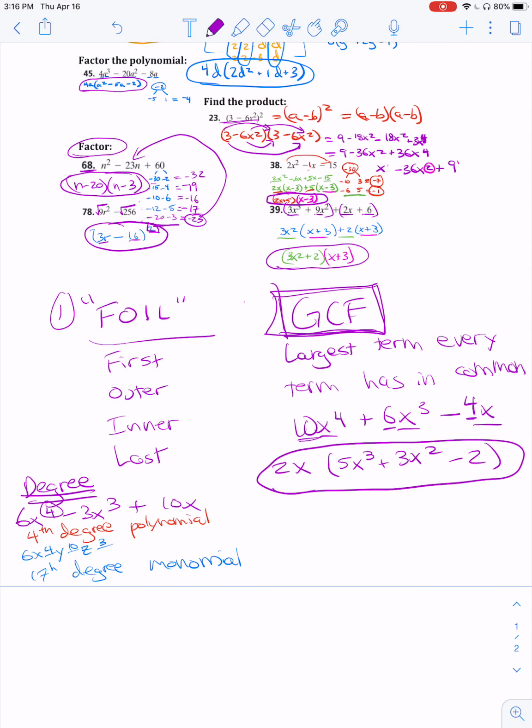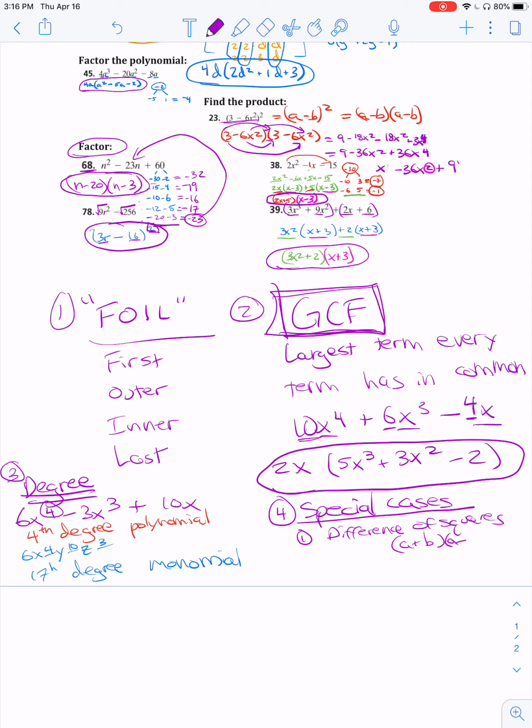So those are three key things. Make sure that you go back and review those videos 1, 2, 3, and 4. I'm going to just go through special cases of factoring. So special cases, 1 is difference of squares.